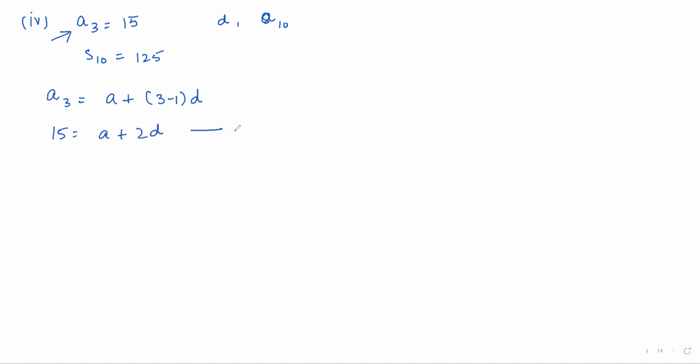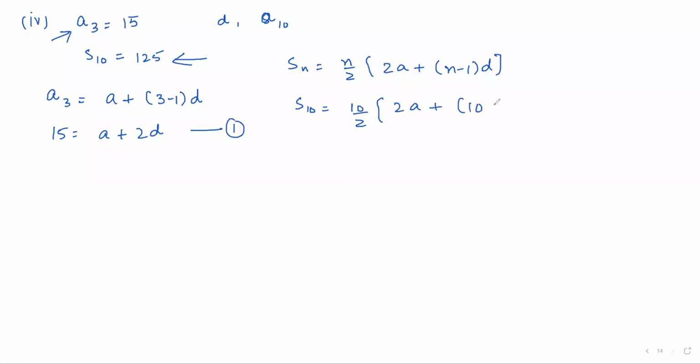So nothing else you can do. This is your equation number 1. And then you will make use of this information. Sn is again n by 2 into 2a plus n minus 1 into d. So S10 is given, that is 10 by 2 into 2a plus 10 minus 1 into d. S10 is 125, so this is 5 into 2a plus 9d, divided by 5.